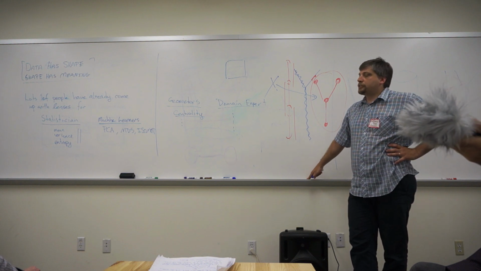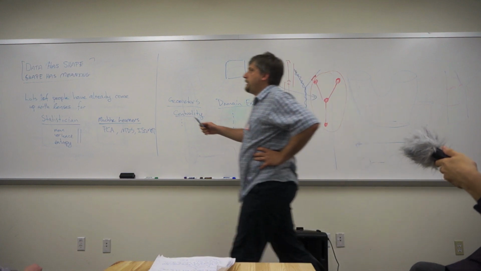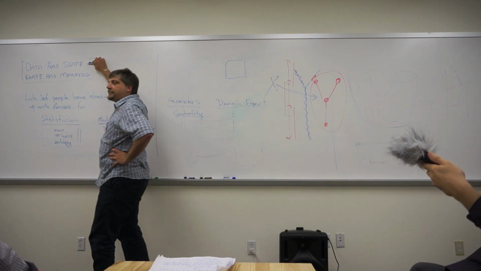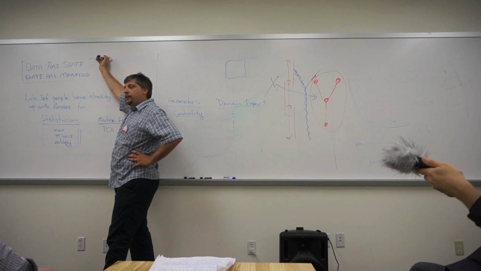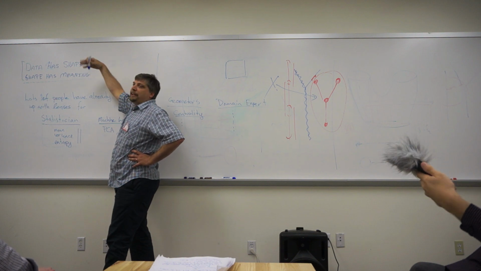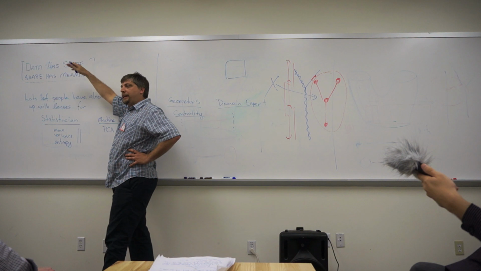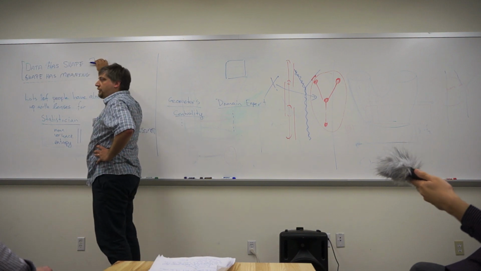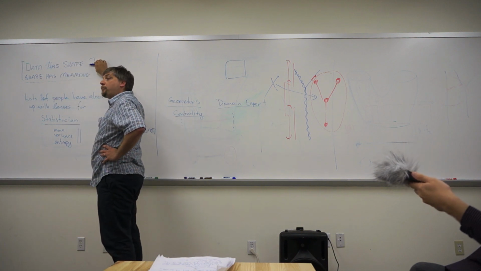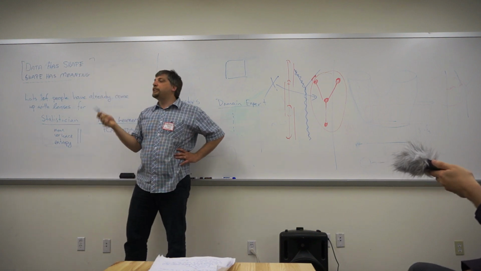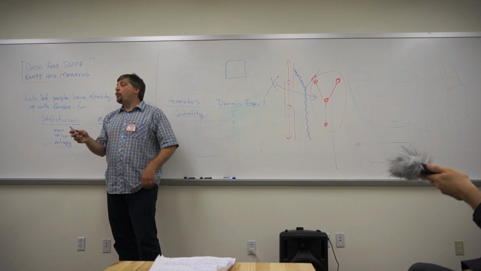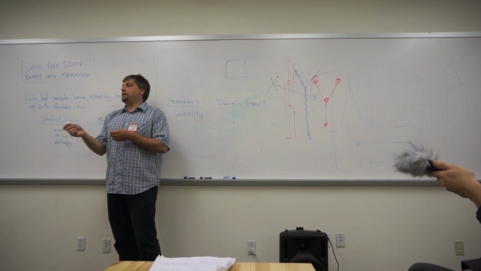So the part that I skipped up here was the choice of the metric. And like I said, we don't actually need a metric, we just need similarity or something. So that comes as part of your problem. And it's up to the person posing the problem to decide what it means for something to be similar to something else.